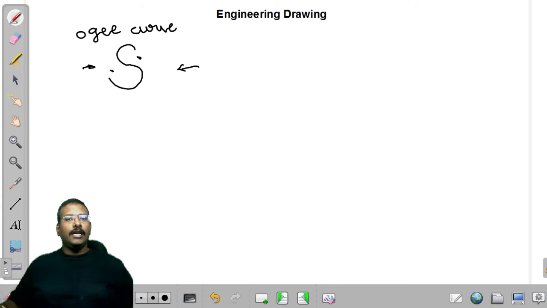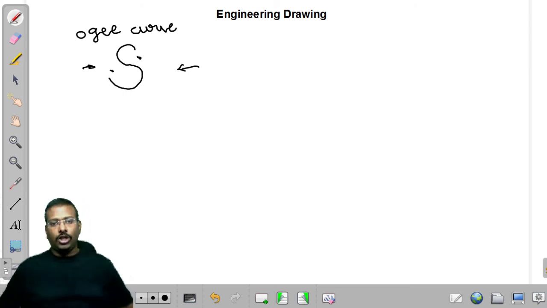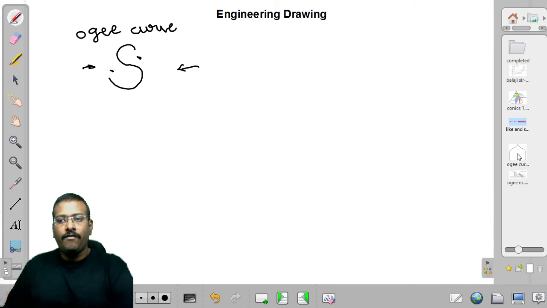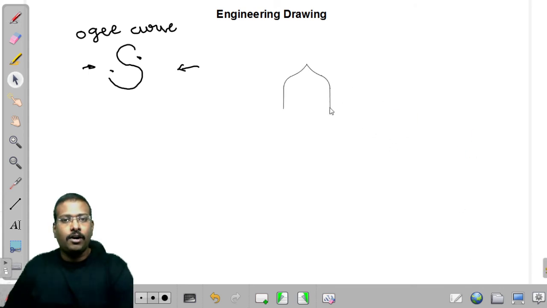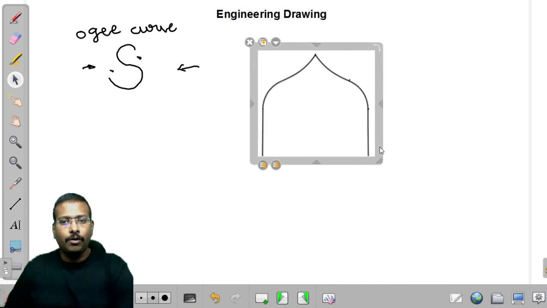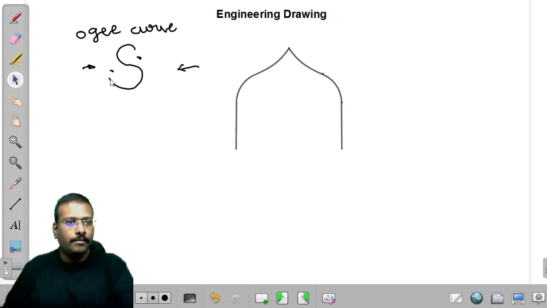Not only in the human body, in structures also you can observe this particular element. For example, this type of architecture you can observe in masjids and temples. Here this particular portion is having a convex shape and this is a concave shape.